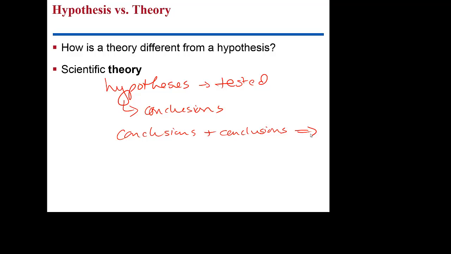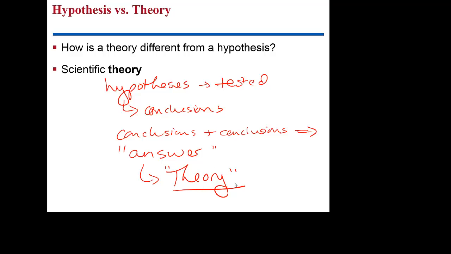And if they're all reaching the same sort of basic answer, be careful, I don't want to be too strict in our definitions here, okay? If they're all coming to sort of the same answer, the same end point, we can look at that now as something known as a theory.